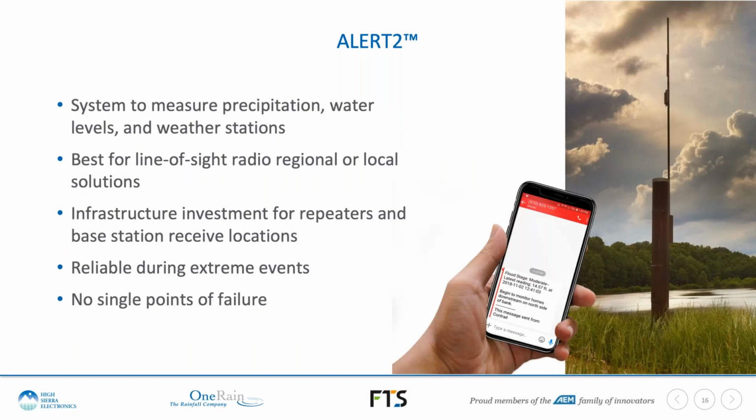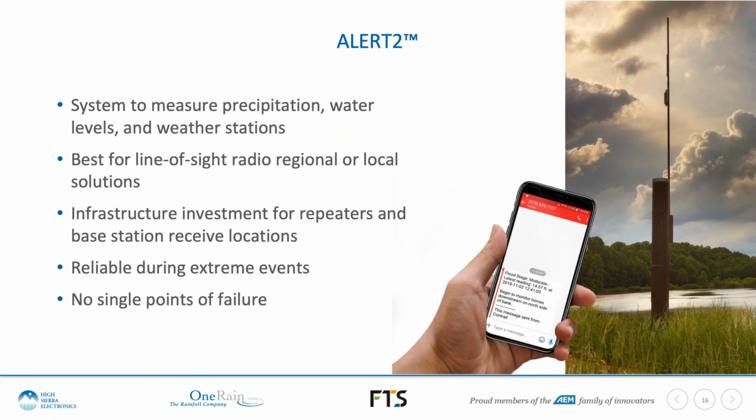So Alert 2 is primarily for measuring precipitation, water levels, and weather stations. That's what it's mainly used for. It's best when you have a line of sight system. So it's good for regional applications or local solutions, but it's not good if you have to build a national network of things.